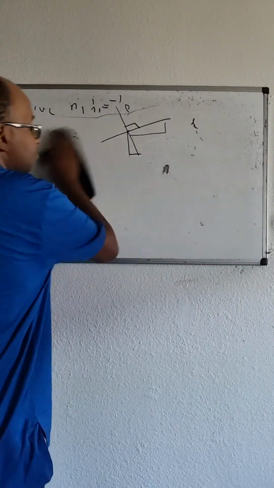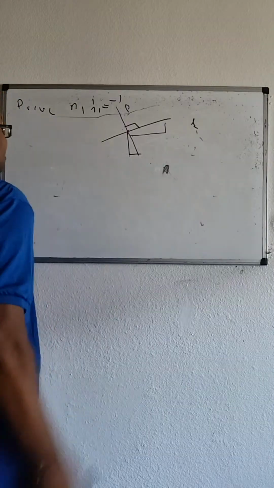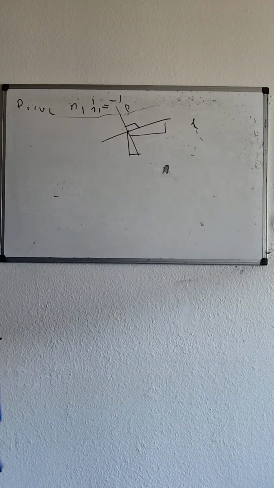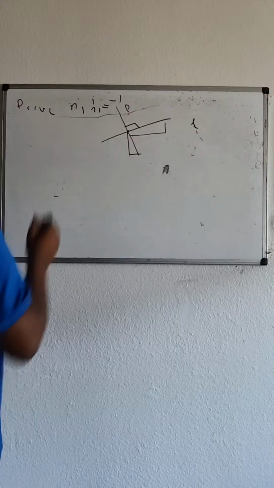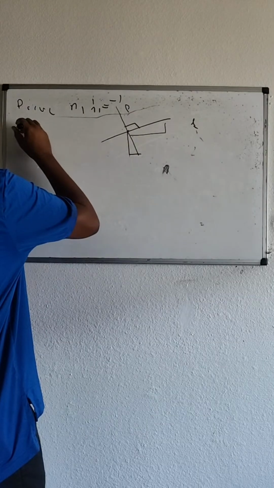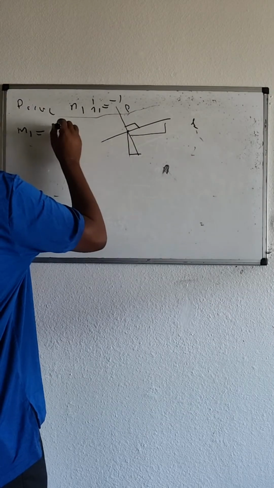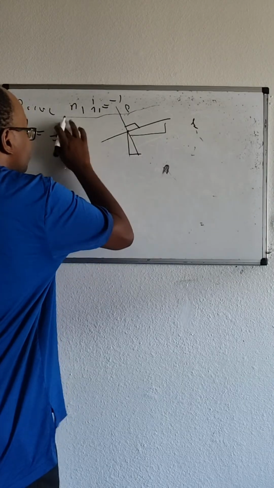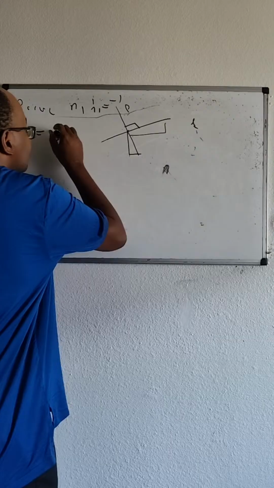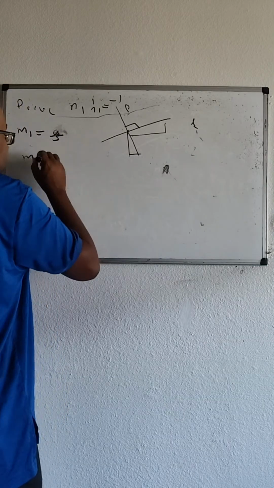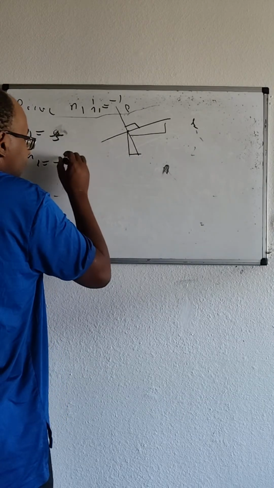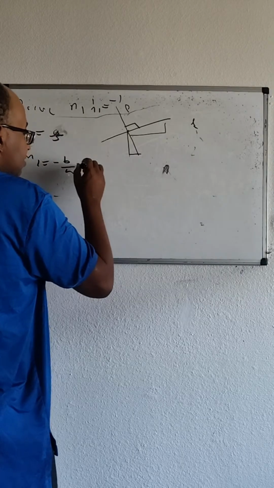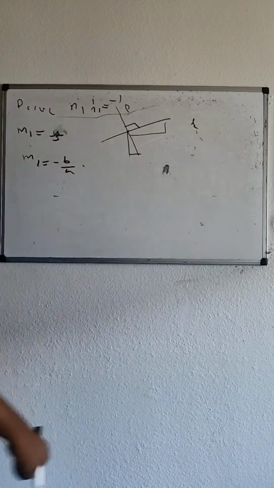That was kind of messy. I want to be real explicit here. So M1 is equal to A over B. M2 equals the negative B over A. Okay?